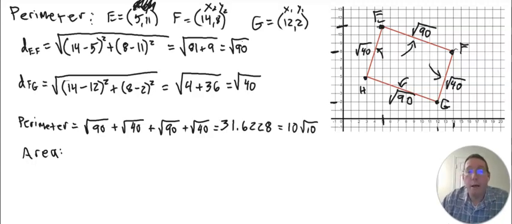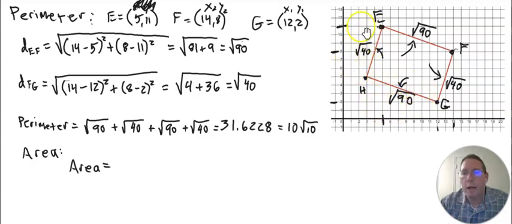Now to find the area is just base times height. We can call this the base, that's square root of 90, and this is the height, square root of 40.